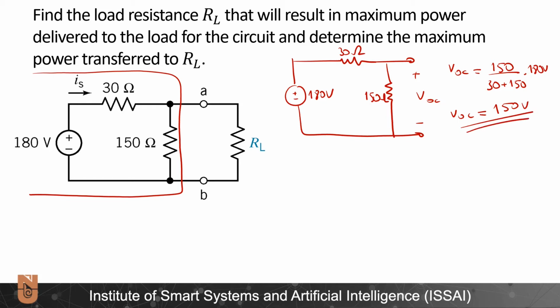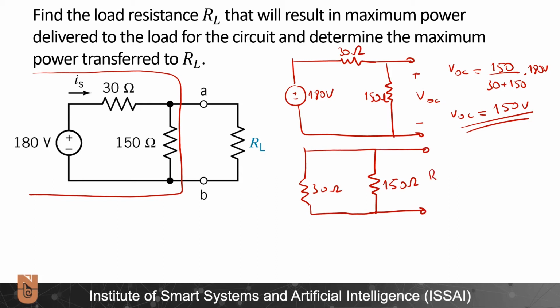As the second step, I will find the Thevenin resistance by short circuiting the voltage source, and I end up with 30 ohms in parallel with 150 ohms, and here I have the open output ports.